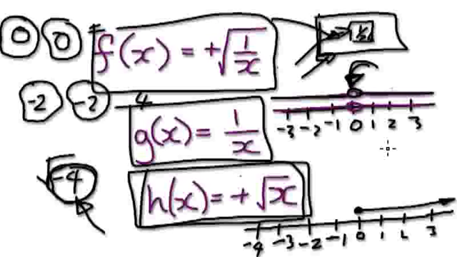So the domain that will work for both machines would be x strictly above 0. If you choose something in the negative realm, this one breaks down. If you choose the number 0 itself, then this machine breaks down. So you've got to choose a domain where it will work for both machines, and that will only be when x is above 0.